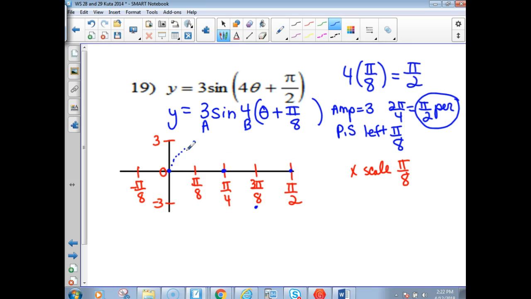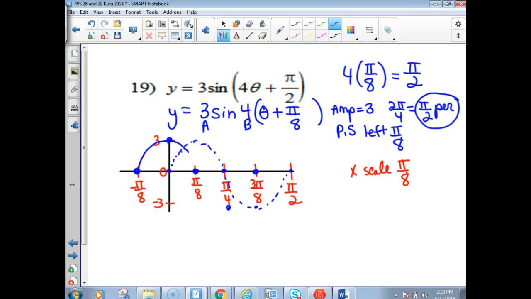As if you hadn't shifted it, it would look like this. And now I'm just going to slide my points left pi over 8. So this one up here is going to go to here. This one here is going to go here. Down here moves over to here. They all just fit the scale that we want. And we end at 3 pi over 8.